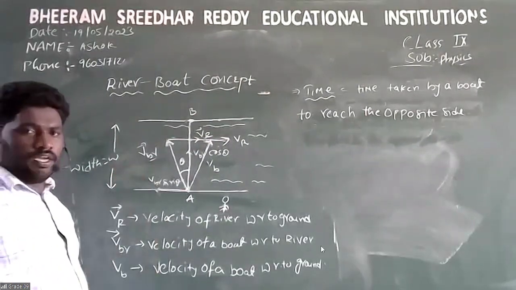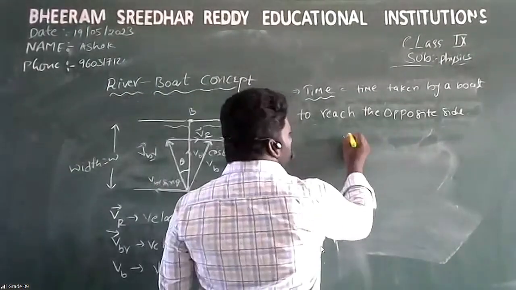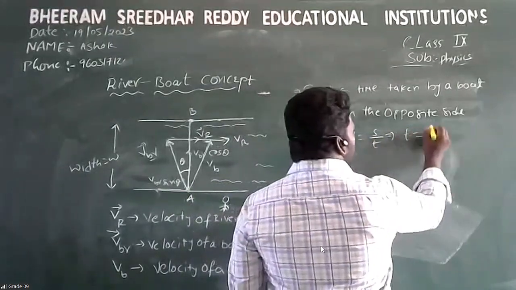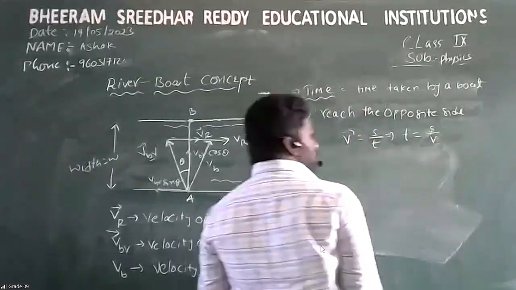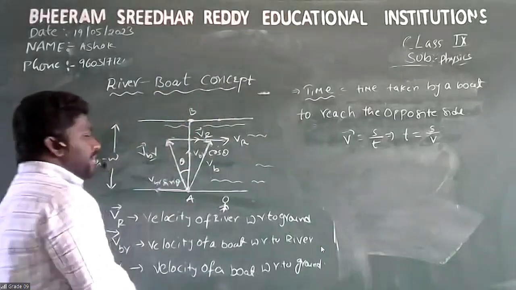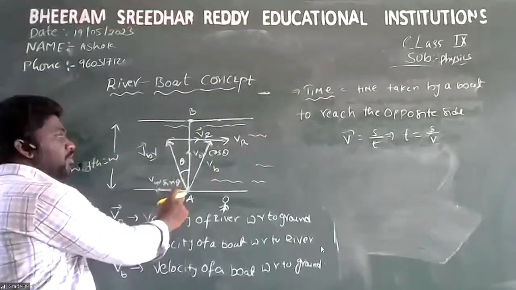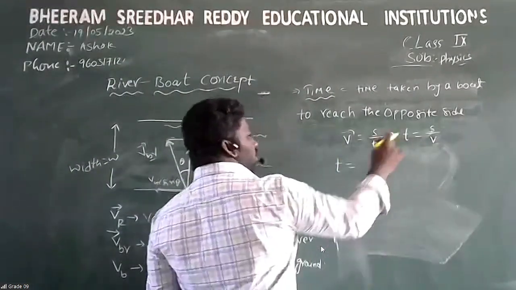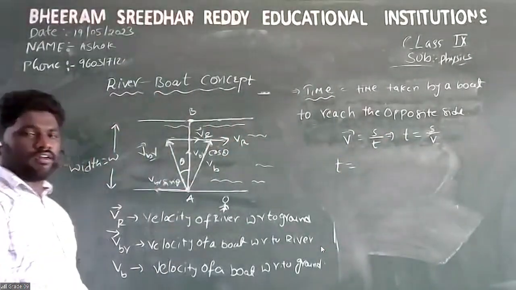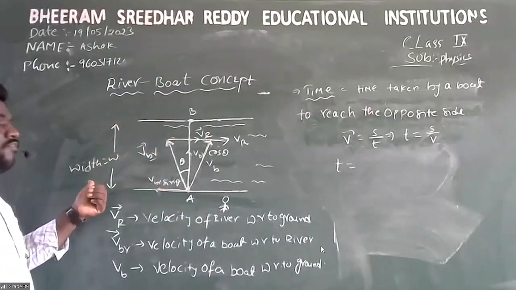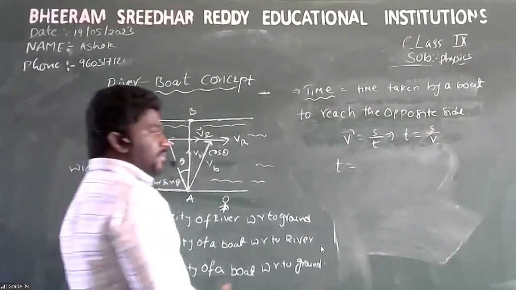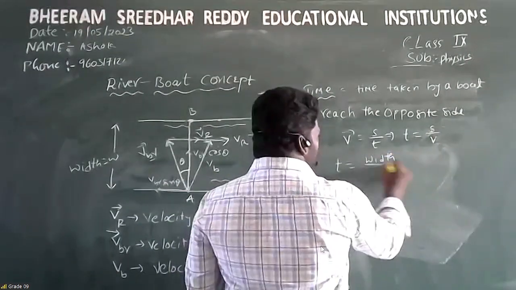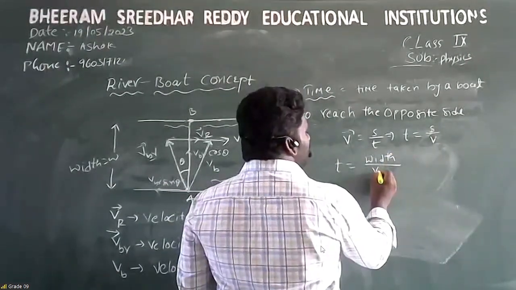Yes or no? Now, what is the formula for velocity? V bar is equal to displacement by time. From this, you can write time is equal to displacement by velocity in that direction. Now, time taken by the boat to reach the other side: the displacement to travel is nothing but the width of the river. The velocity to use is the vertical velocity.